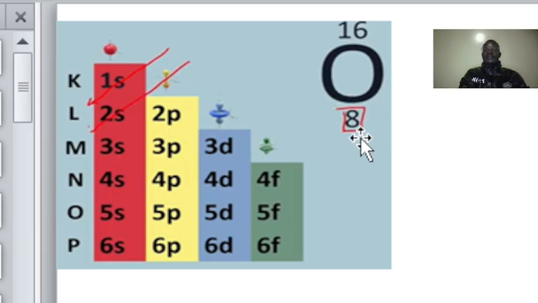If it has 8 electrons, how do we fill them in the orbitals? We have the K shell, which can only accommodate 2 electrons, being the first quantum principle. It can only accommodate 1 pair, which is 2 electrons. So in the case of oxygen 16, we have 8 electrons.